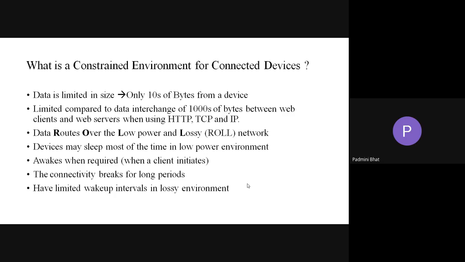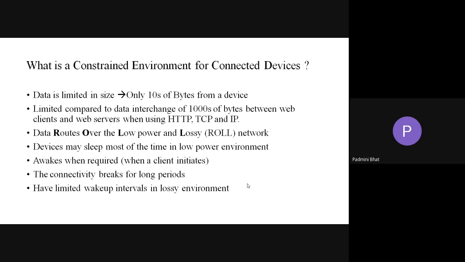The second one is data routes over the low power and lossy network, ROLL. Because we know that power is one important parameter in designing the machines for your IoT, because of the battery life.